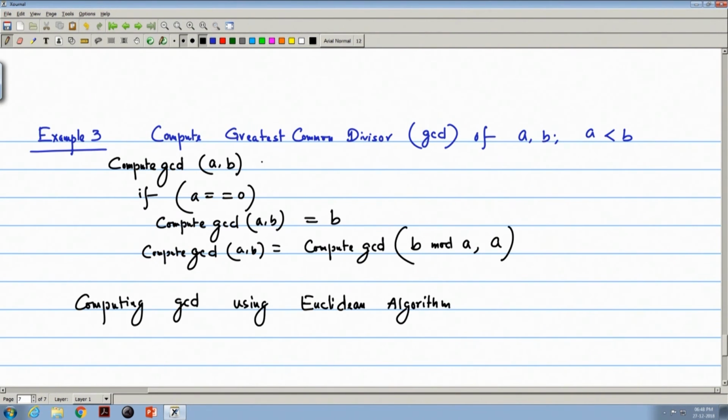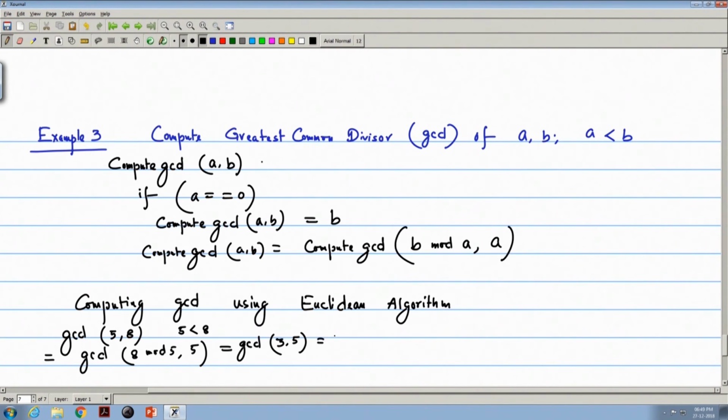See, if I take an example, say I want to compute GCD of 5 and 8. Here 5 is less than 8. So, I can write GCD(5, 8), which is GCD(8 modulo 5, 5), this becomes GCD(3, 5).